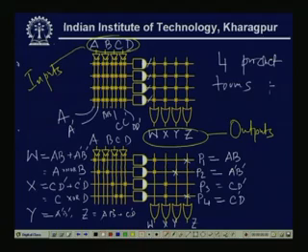Or the reverse, given this PLA, it realizes the 4 outputs W, X, Y, Z, where W is A XNOR B, X is C XOR D, and so on. So, what we have seen is that not only complex combinational functions, but also simple gates can be realized using a PLA.